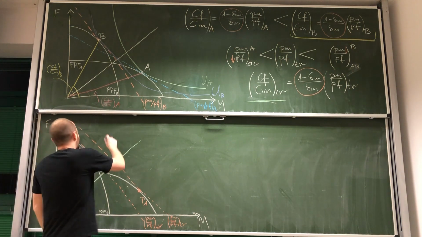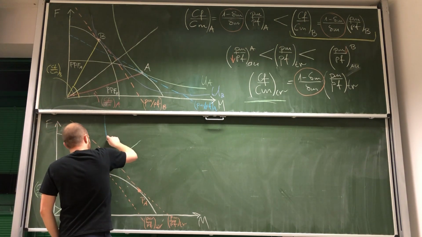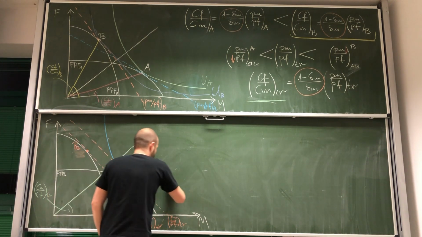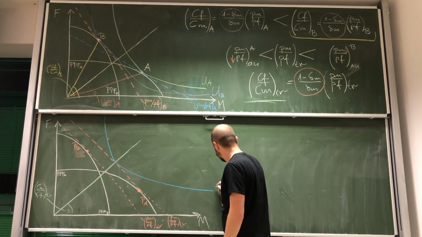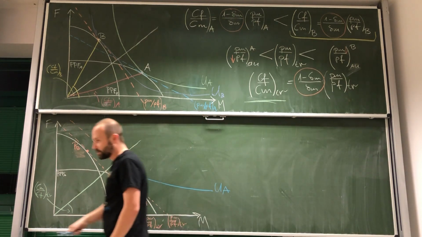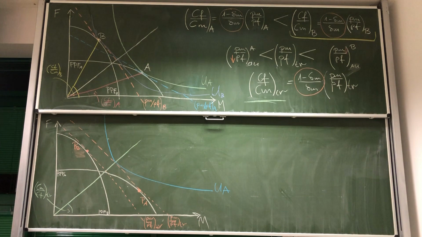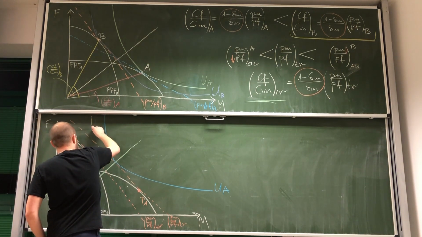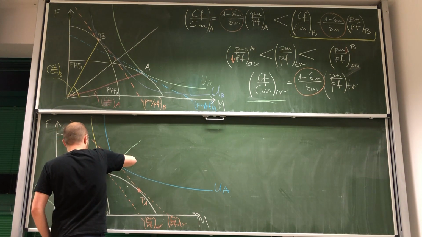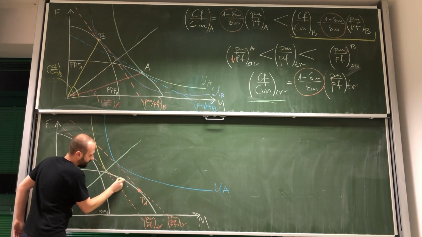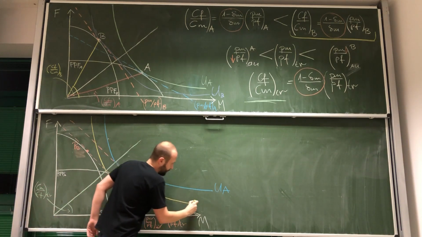So now I can draw indifference curve for Austria, and I can also draw indifference curve for Bolivia.